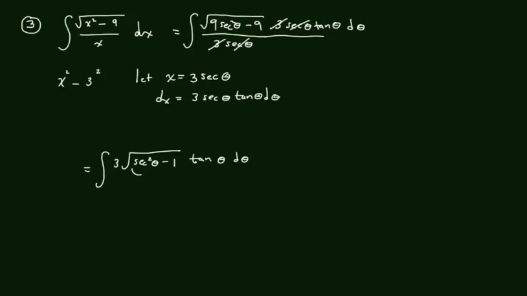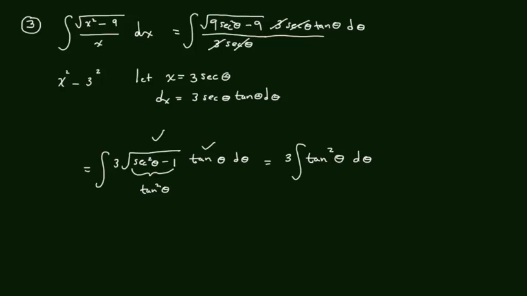Inside the radical, this becomes tangent squared theta. So I have radical tan squared, which is just tan, together with another tan, I get tangent squared theta. Again, that's a tan here and a tan here and a tan here to get tan squared theta d theta.